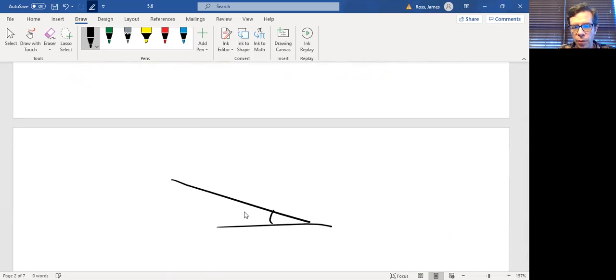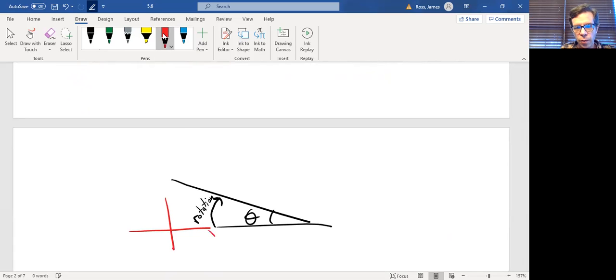So if I call this angle theta, I can think of this as being rotated from being vertical. Let's start with horizontal.